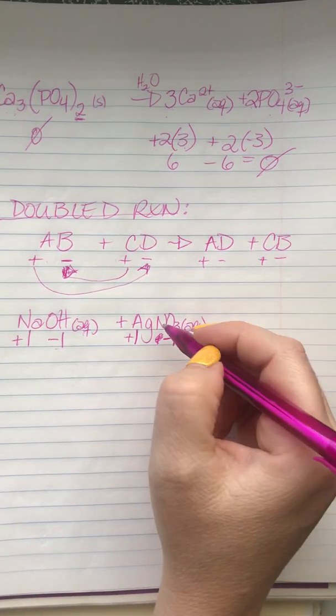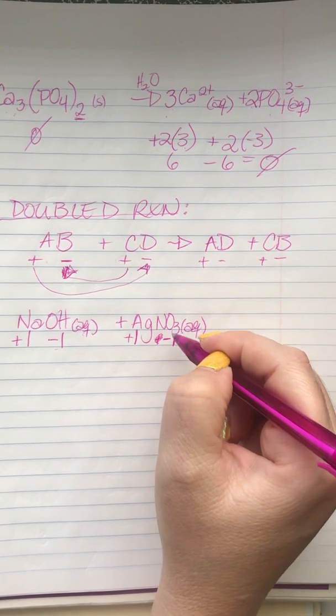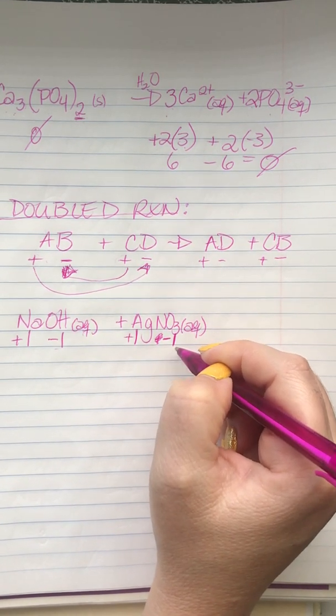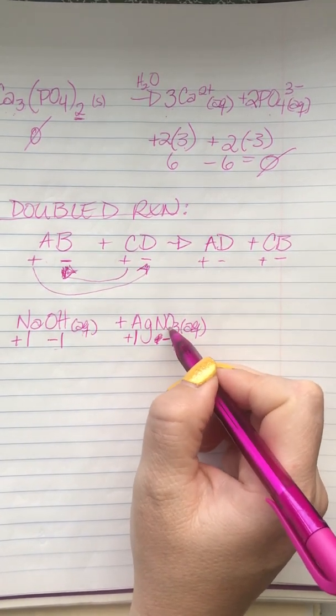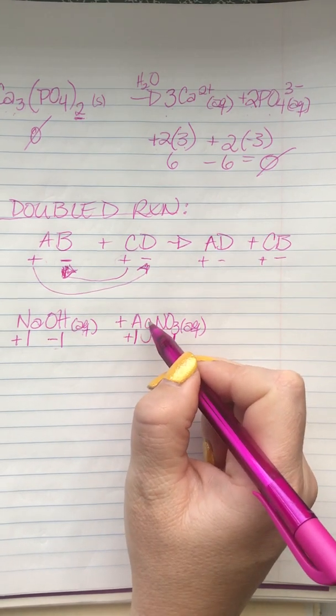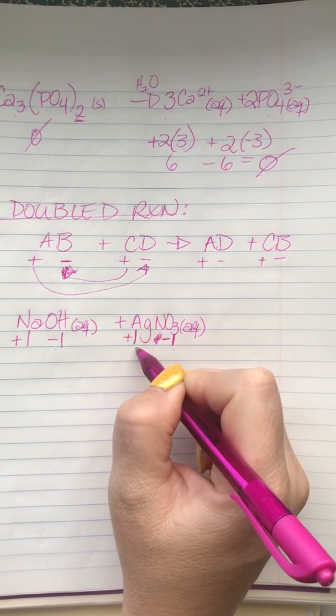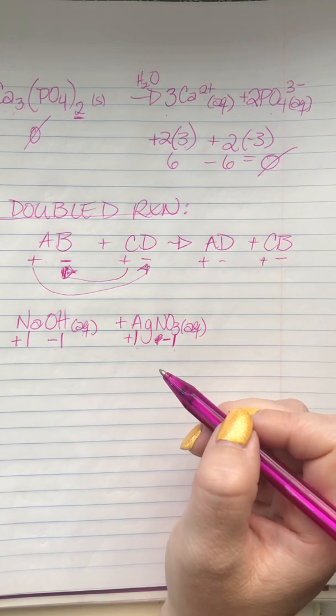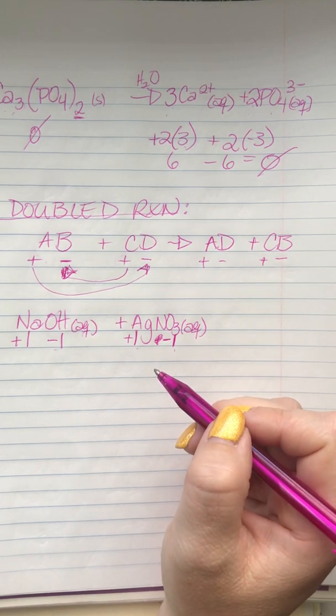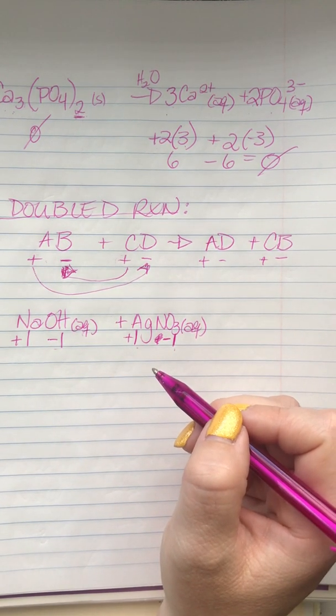So the entire NO3 ion has a -1 charge. So if I only needed one of these guys for every one of these guys, then this has to be a +1 charge, right? Everybody still all right with me? Kind of confusing, I know.